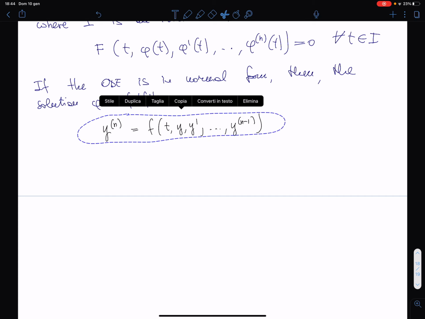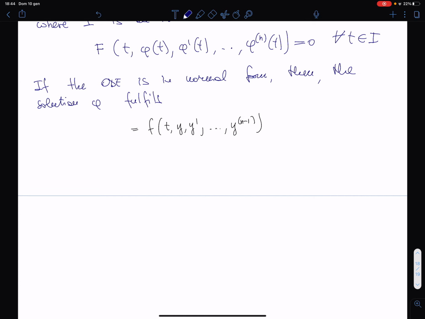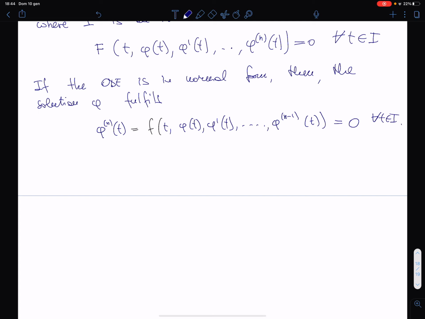I will write it. The nth derivative of phi computed in t is f of t, phi of t, phi prime of t, and then the following derivatives up to phi n minus 1 of t. Okay, if the ODE is in normal form, then the solution phi fulfills this identity for every t in I. This is what we expect.